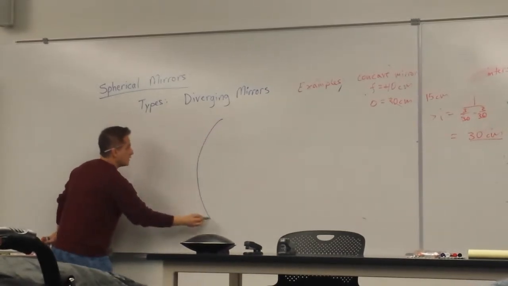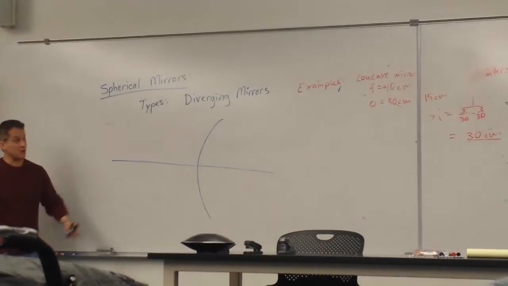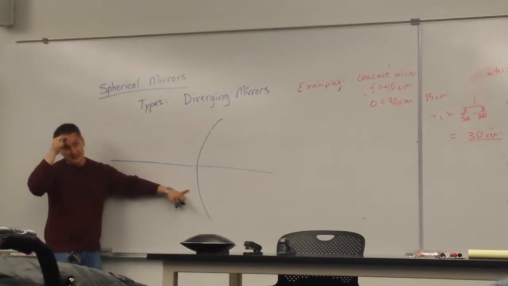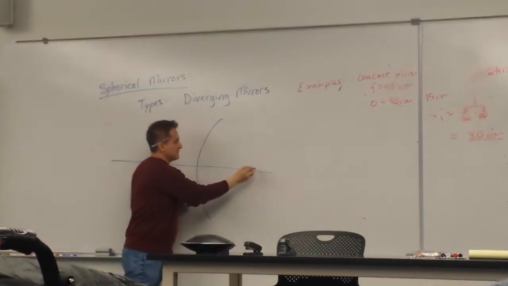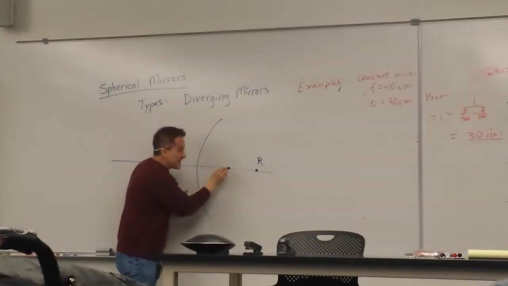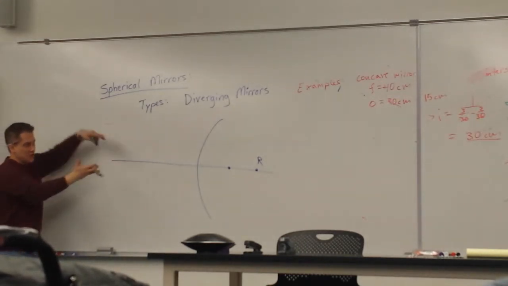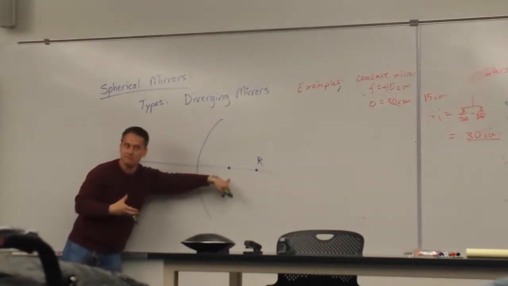Now with diverging mirrors, now we got this job here. Now here's the thing, the reflecting surface is on the outside, but the radius of curvature is on the inside. It's a negative radius of curvature, and it's a negative focal point, because light diverges as though it came from inside the mirror.